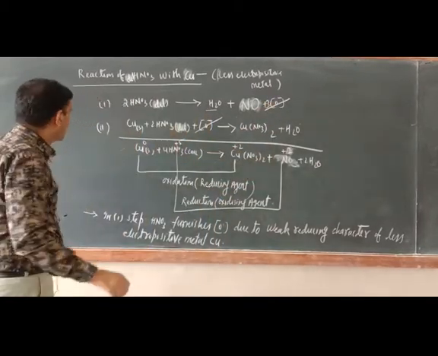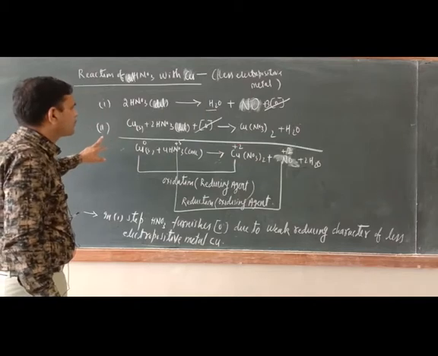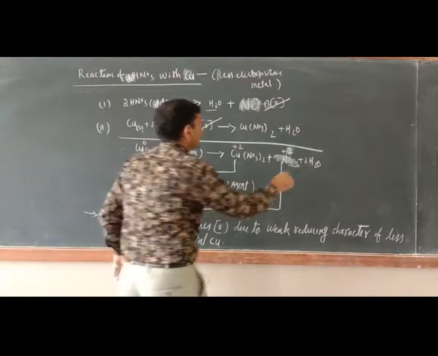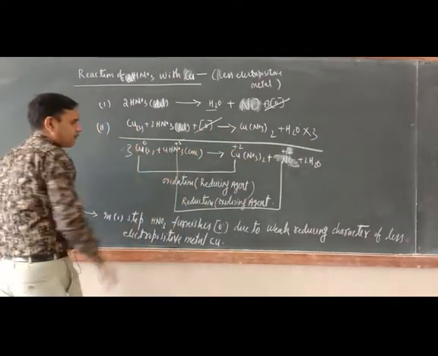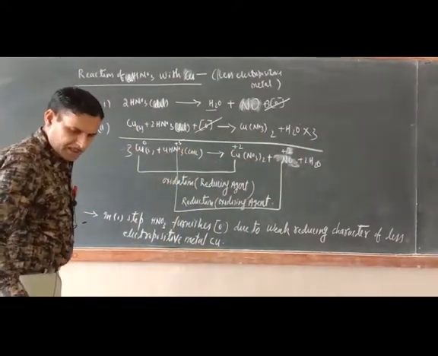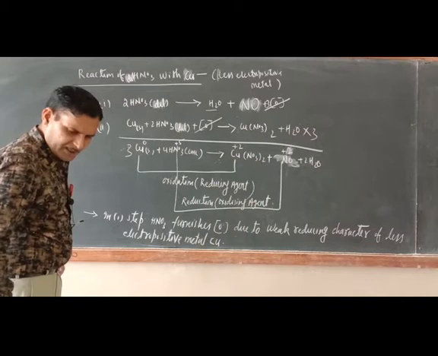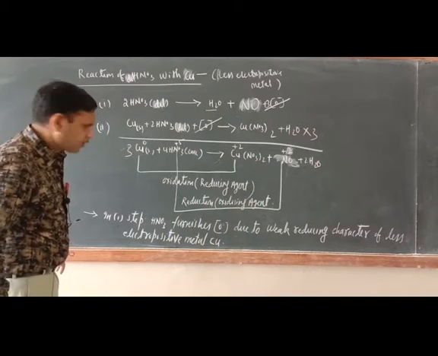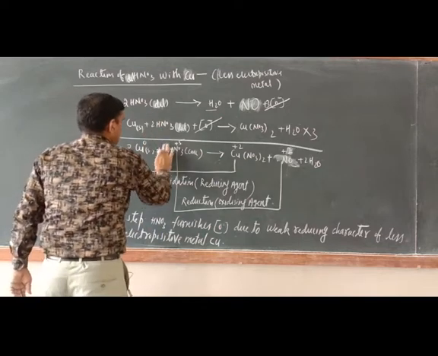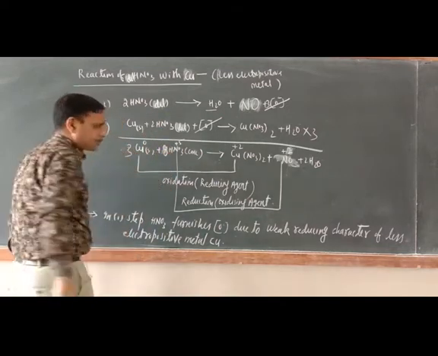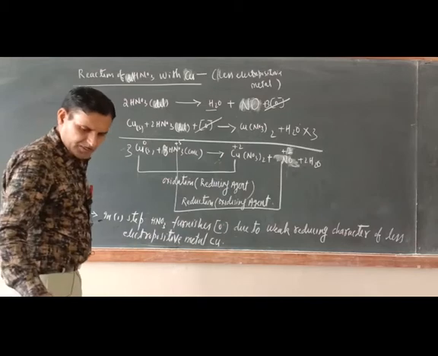Here there are 2 copper, so it should be multiplied with 3. So 3 nascent oxygen, so here 3 copper will be there. Ultimately here 8 HNO3, so 2 is already there. 3 twos are 6, plus 2 is 8. So just change to 8 HNO3. Copper will also be there, 3.